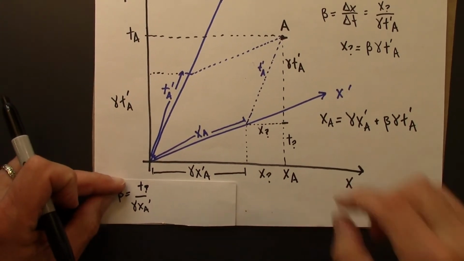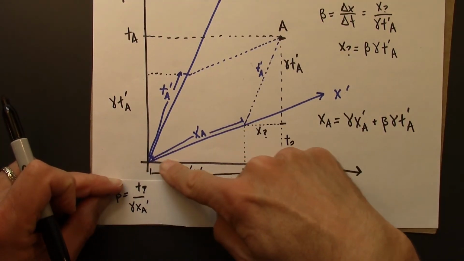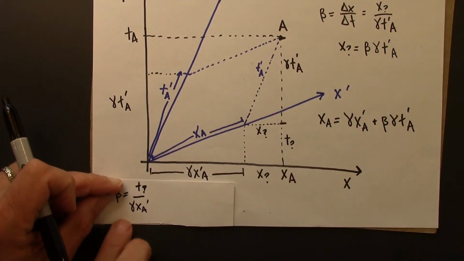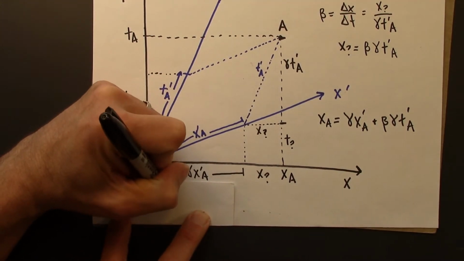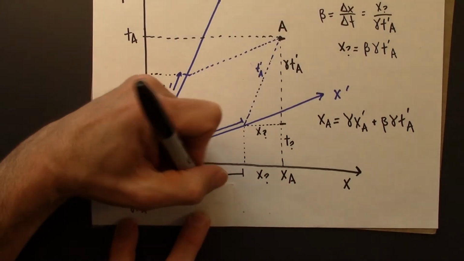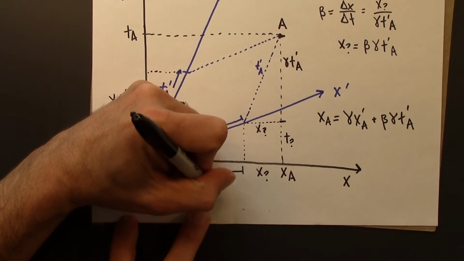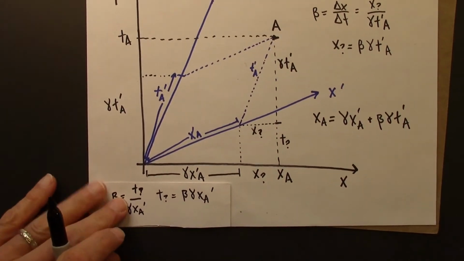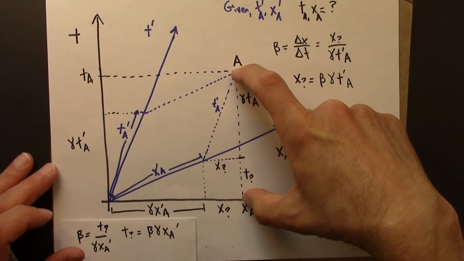Rise is this distance, t question mark. Run is that, gamma x prime A, and so then I can solve for t question mark. It's just beta gamma x prime A.